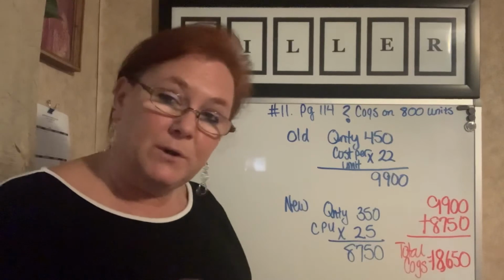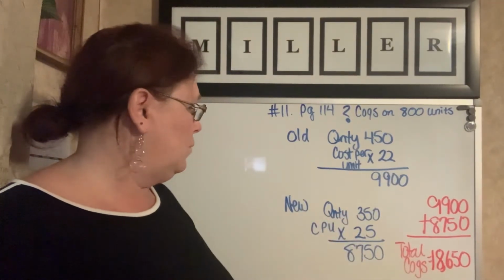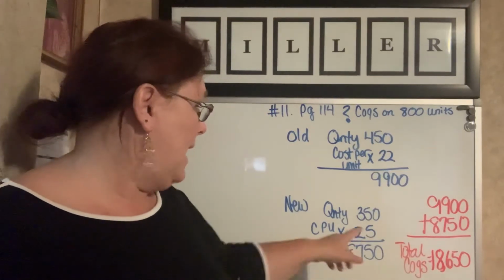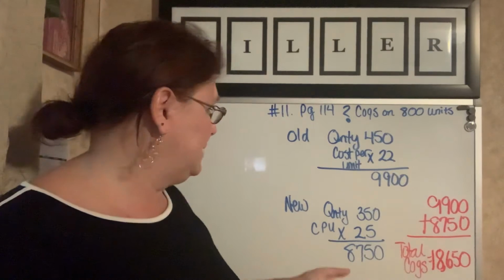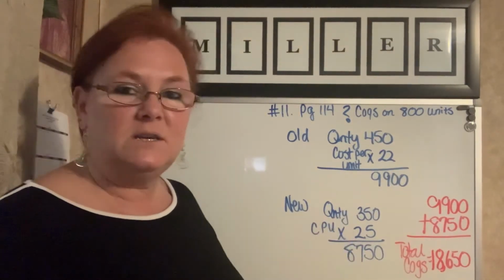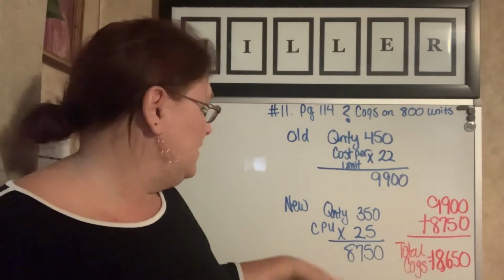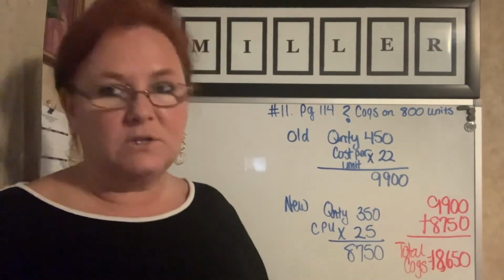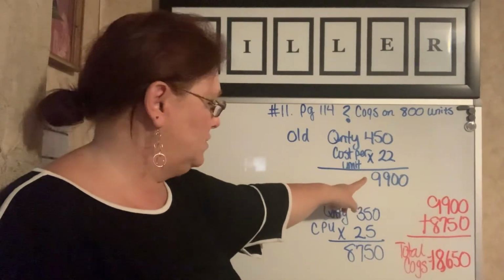The new ones that we produced during this month, there was 350 of them, and we produced them at a cost of $25. So again, this is just simple multiplication. 350 times $25 should come to $8,750.